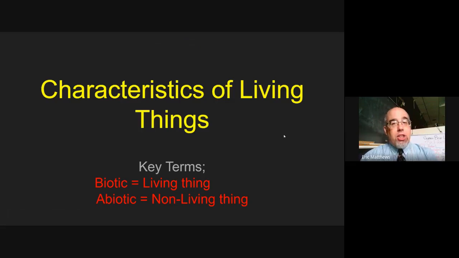A biotic is just a living thing. When we put the letter A in front of anything in Latin, it means not. So biotic is a living thing. Abiotic is a non-living thing. You'll see these terms over and over again, and especially once we start getting into ecology.